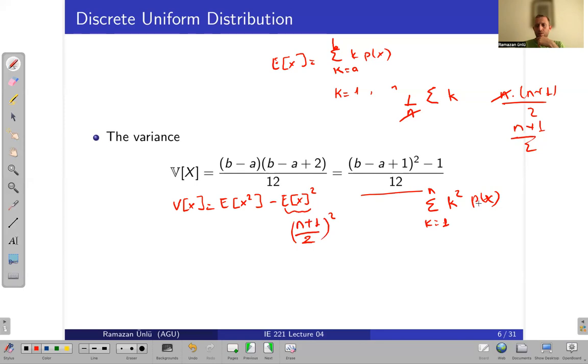That is 1 over n. So I will get 1 over n times the sum of k squared. So what is the summation of a sequence of squared values? If I'm not wrong, let me double check myself.